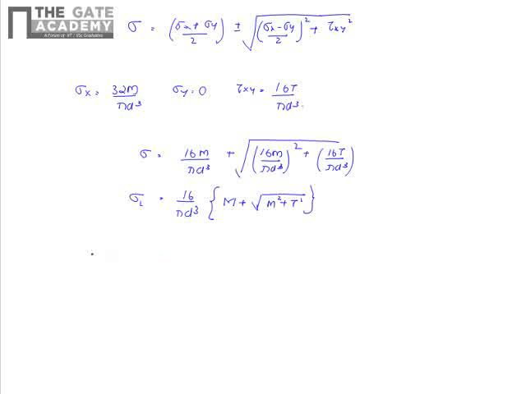If you take sigma effective as 32 M effective by pi d cube, then we have sigma is equal to 16 M effective by pi d cube. Equating these two equations, we get the effective bending moment is equal to M plus square root of M square plus T square.